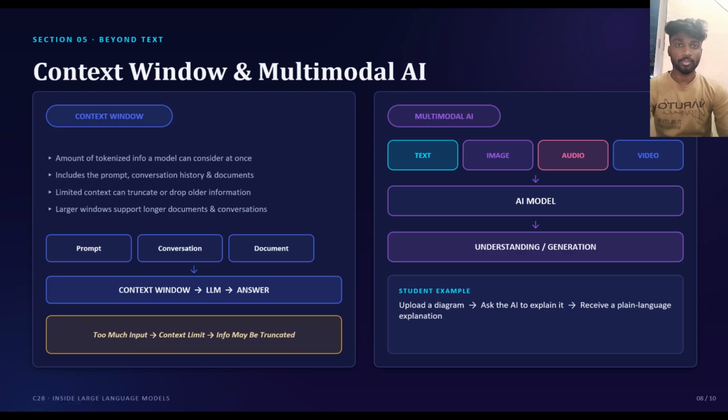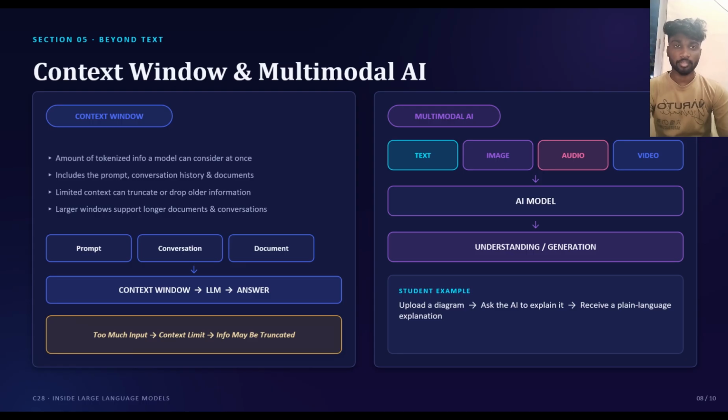If the input becomes too large, some older information may be truncated or unavailable to the model. Large context windows are useful when working with long documents and long conversations.